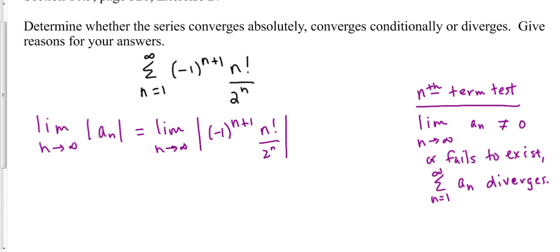When I take that absolute value, that negative 1 to the power term goes away. So this is just the limit as n goes to infinity of n factorial over 2 to the n.